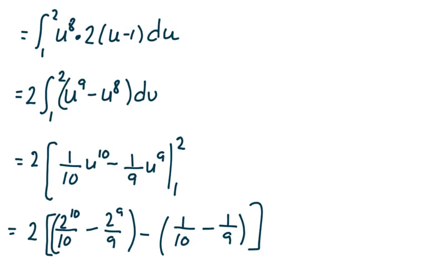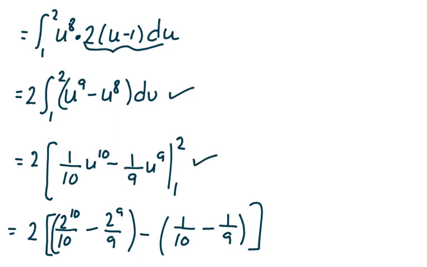Dx is 2 times u minus 1 du. That's this piece. So pull the 2 out in front, and I get 2 times the integral from 1 to 2 of u to the 9th minus u to the 8th du, which is 2 times the quantity 1/10 u to the 10th minus 1/9 u to the 9th, evaluated from 1 to 2.